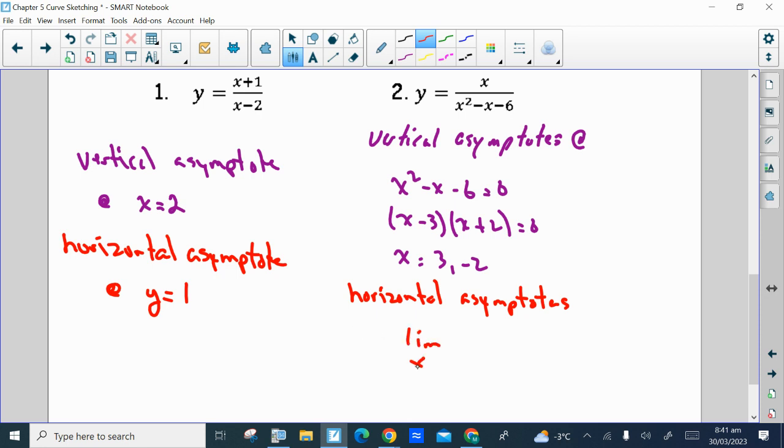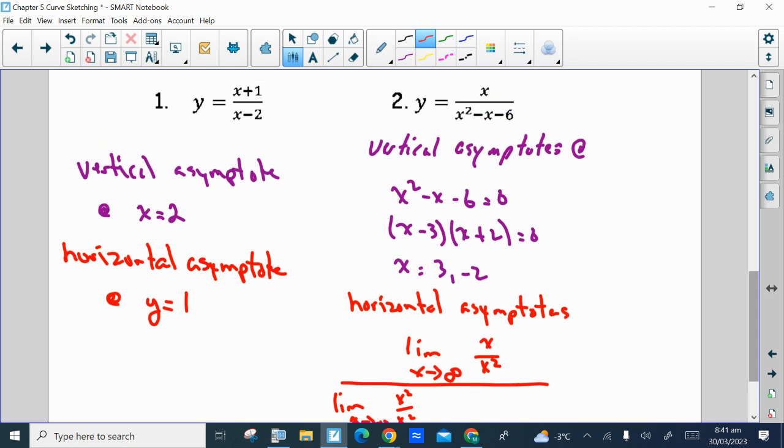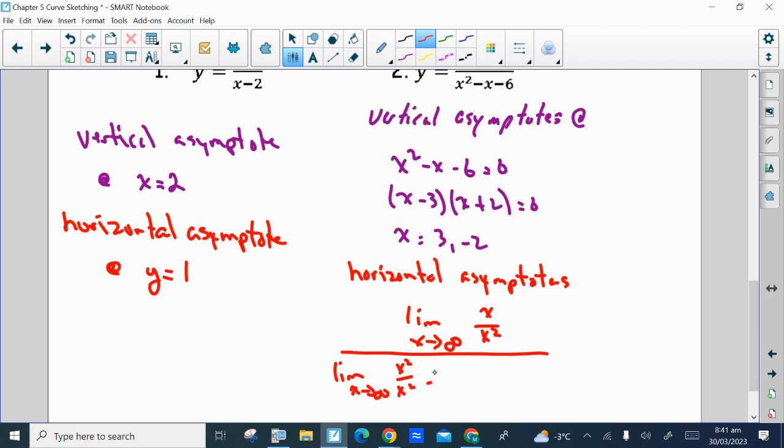So we'll have the limit as x approaches infinity of x over x squared, all over the limit as x approaches infinity of x squared over x squared, minus the limit as x approaches infinity of x over x squared, minus the limit as x approaches infinity of 6 over x squared.